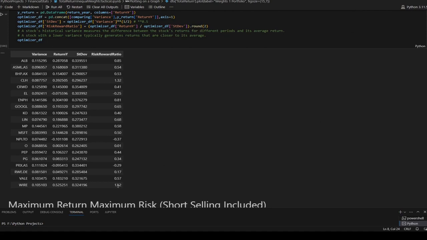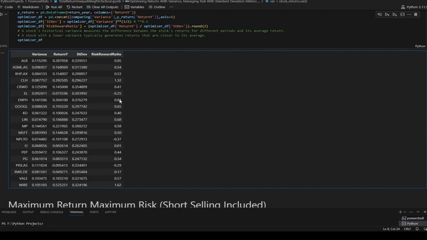So for now, we're going to raise positions in Wire, in Albemarle, and in CLH, and maybe also in Enphase. And we will try to lower positions in O, in RWE, PRX, Procter & Gamble, and maybe a few other stocks.